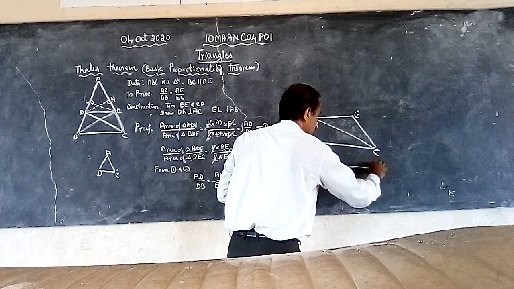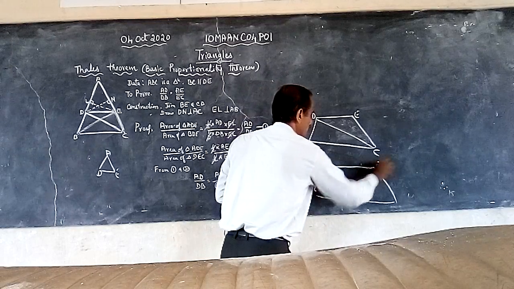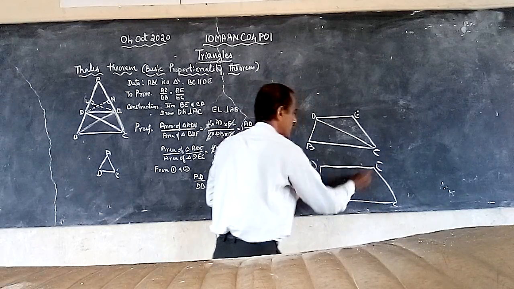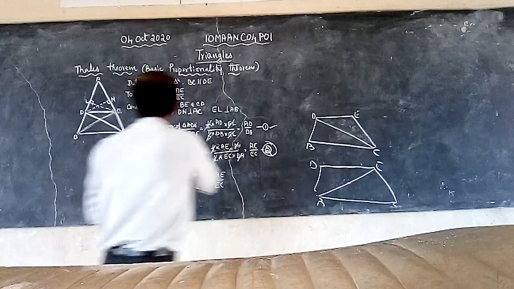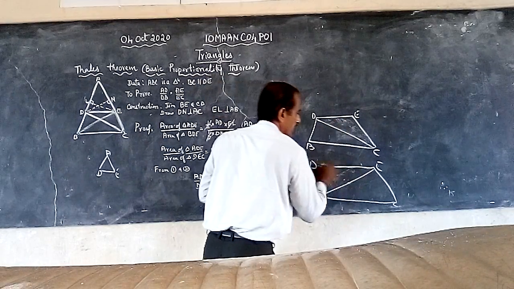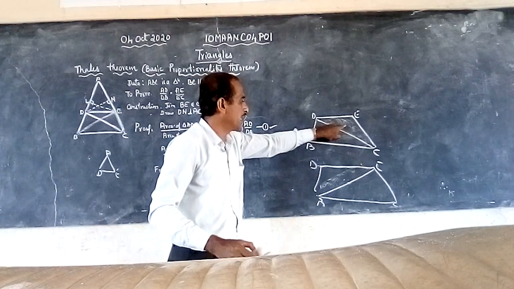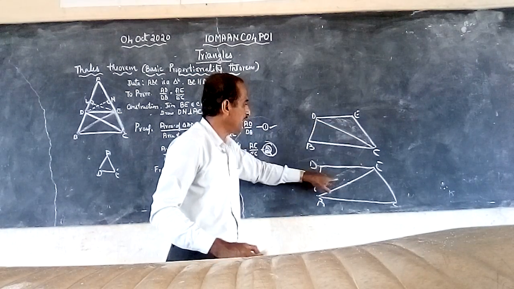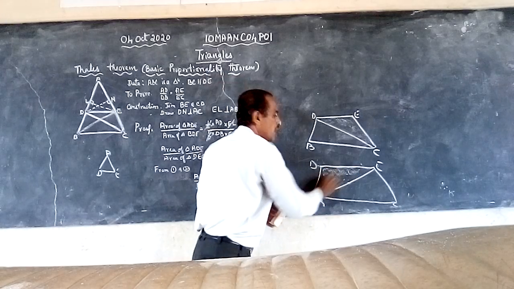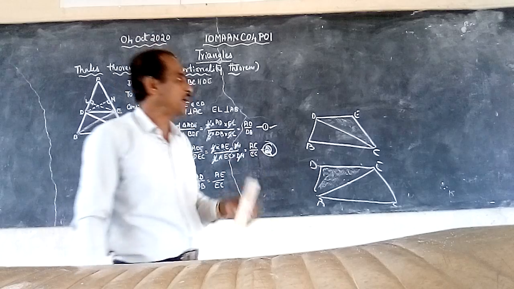Or the same figure I will draw lines also. See, DE parallel to BC. See here it is like this, correct? One triangle is like this, DEC is like this, and another triangle you have drawn like this. Is it correct? Can you take the area of this triangle and the area of this triangle as equal? You have studied in your previous class, science standard. What you have studied?